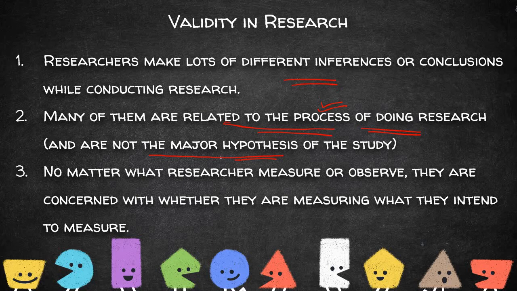They just work in the background. So no matter what a researcher measures or observes, every time the researcher wants to be sure about whether they are measuring what they intend to measure. That is where validity comes into the picture.